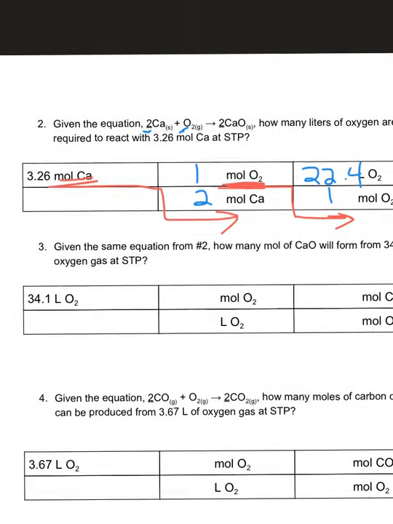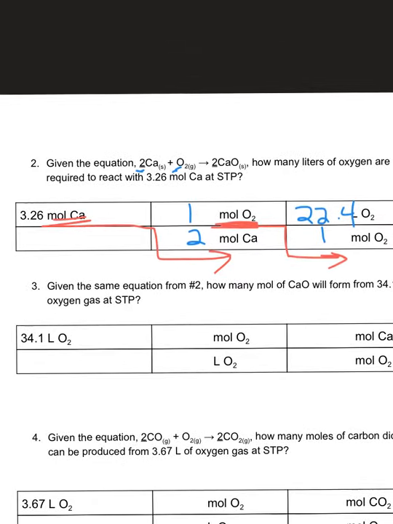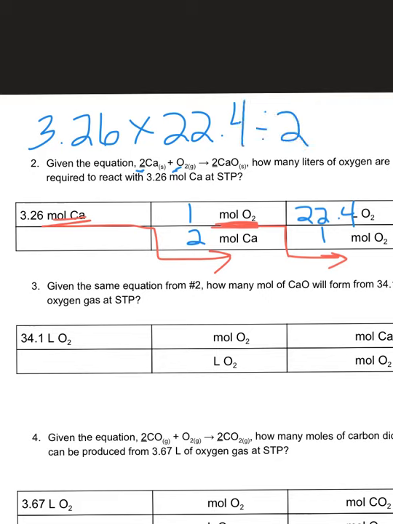22.4 liters. Okay, so on the calculator, I'm going to write up top because I'm kind of short on room here. So on the calculator, you're going to type in 3.26 times, we can ignore the 1 and go straight to 22.4, divided by 2. And then again, ignore that 1. 3.26 times 22.4 divided by 2.